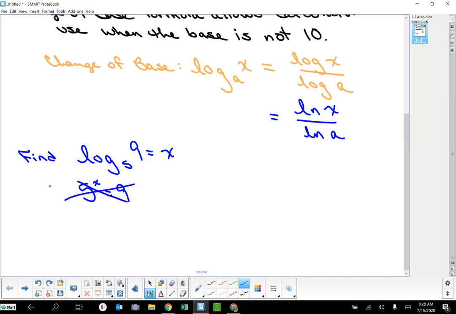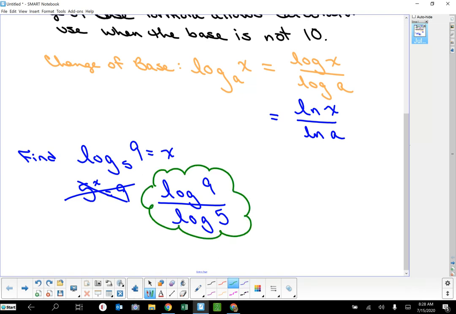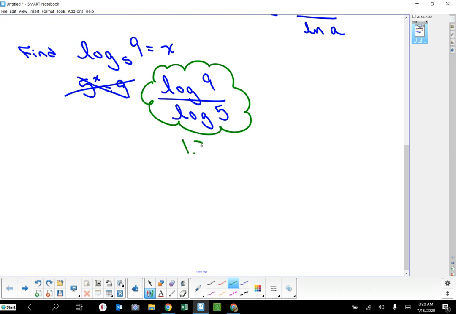So this is not going to work, and you can utilize your change of base, where you just take log of 9 over the log of 5 and put this into your calculator. Be sure that you use the right amount of parentheses when you do that. If you put that into your calculator, you end up with 1.3652, and that equals x. Super straightforward, just plug right into your calculator.